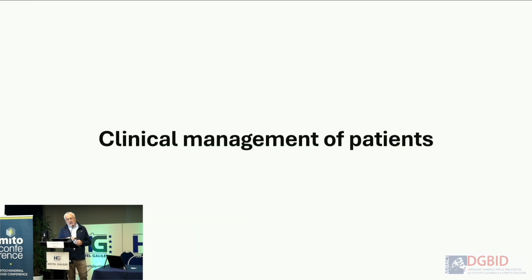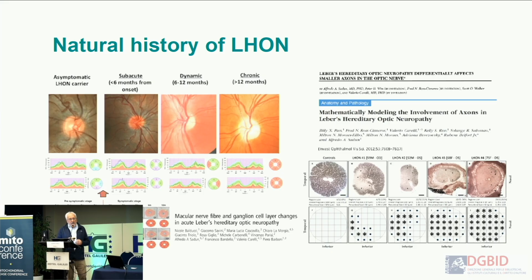So, clinical management. The natural history of Leber's is now pretty well understood. There are stages. Everything happens within the first year after the onset, and you go through a phase where you have visual loss deteriorating very fast in about 3-4 months.